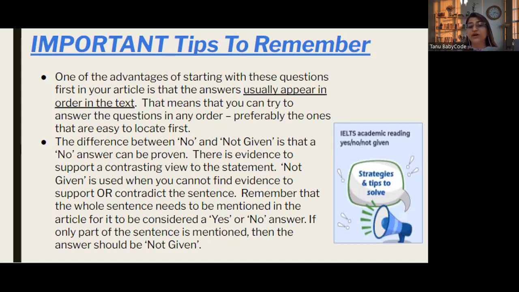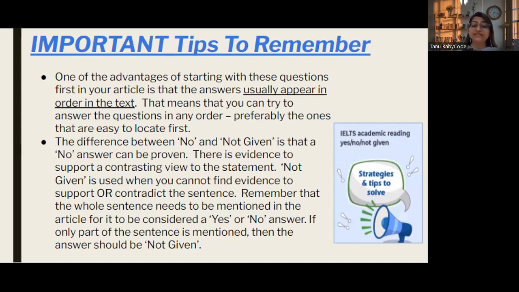So I'm repeating once again, the difference between no and not given is that a no answer can be proven, because there is evidence to support that contrasting statement. No comes when you have an opposite claim from the writer's point of view, right? Not given is used when you cannot find evidence to support or contradict the statement.